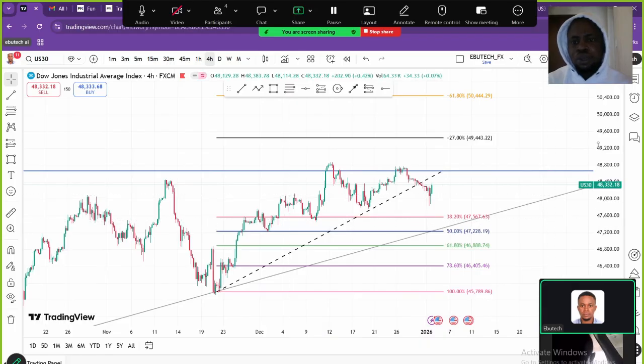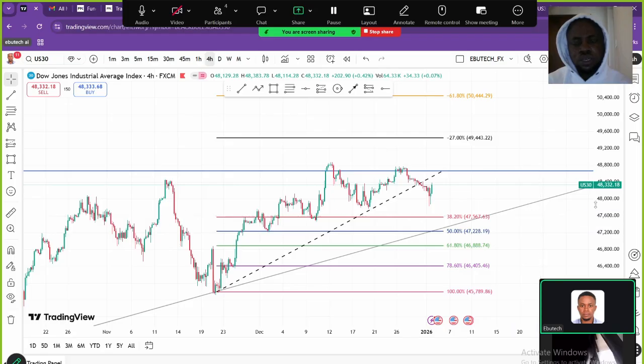The most important thing that we use in this Fibonacci tool, the most important percent that we use is the 50% and the 61. So once you see where the market reacted at the 50%, you have to mark it out. And once you see a reaction at the 61%, you mark it out. So our most important interest is the 50 and the 61 fib level.